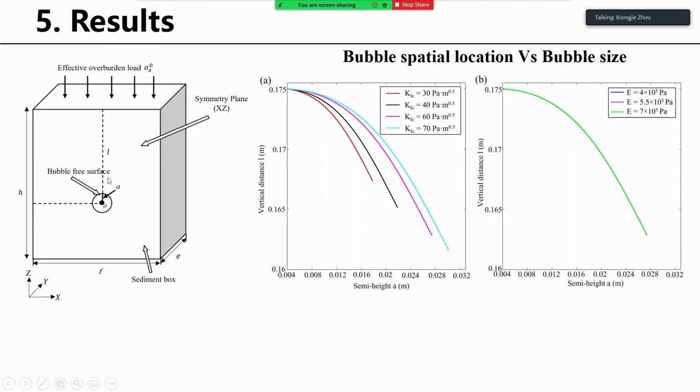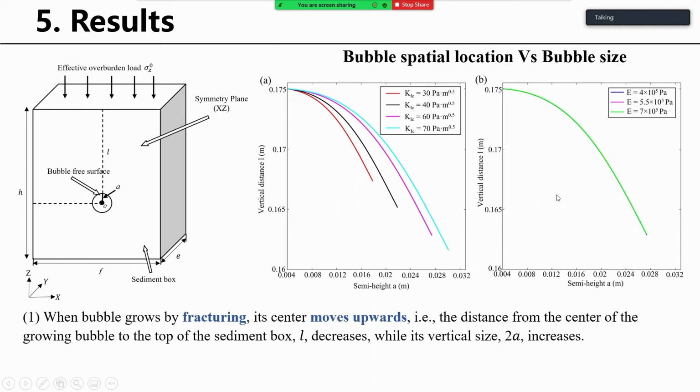This is the distance L from the bubble center to the top of the sediment box, and this is the vertical size, A. Panel A is the variability in K1C, and the right picture is for E. When the bubble grows by fracturing, its center moves upwards, so the distance L decreases while the vertical size increases.